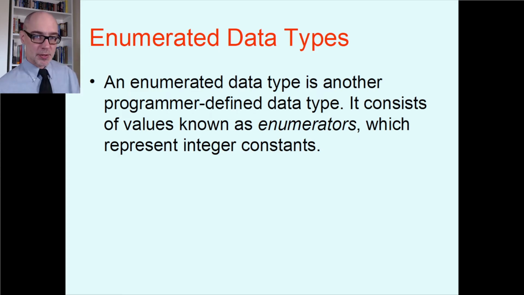And we made constants: const int adult choice equals 1, and const int child choice equals 2, and const int senior choice equals 3, or whatever the order is. So that got a little bit repetitive. It's kind of the same typing over and over again. And in those kinds of cases, we would like a shorter way of doing that. And that's what an enumerated data type is for.